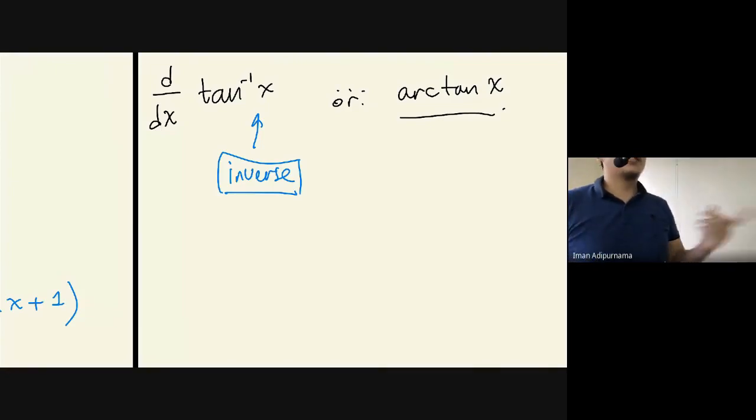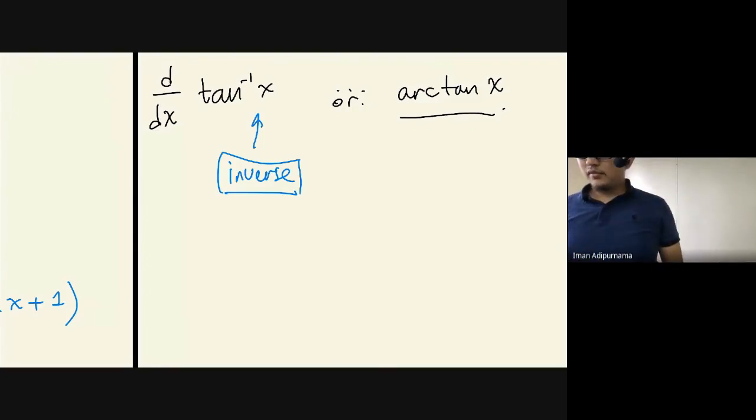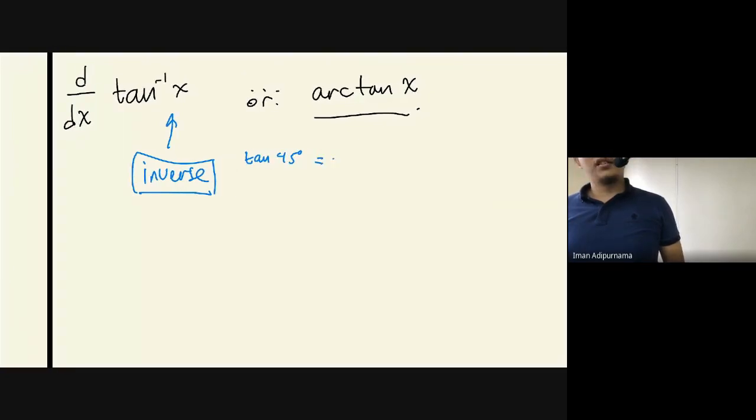If you have tangent, the easy one is 45, right? It's 1. So tangent inverse of 1 is 45 degrees. Do you get what the tangent inverse means?